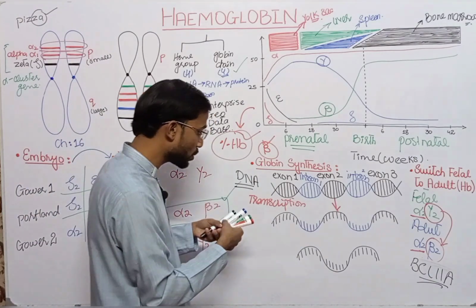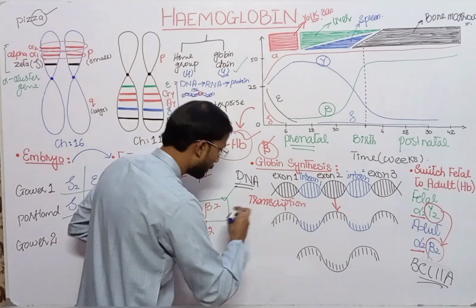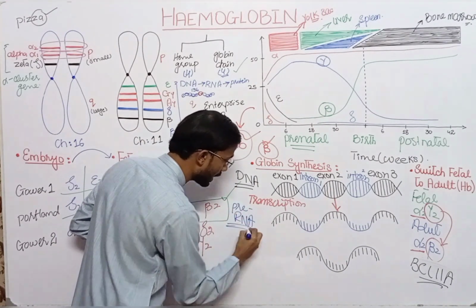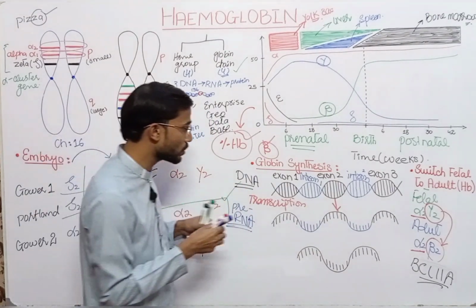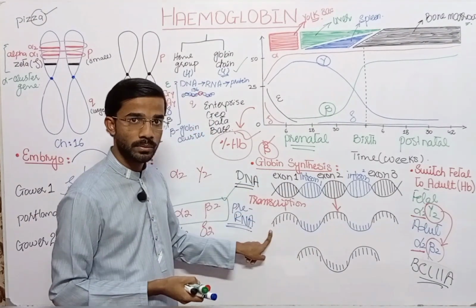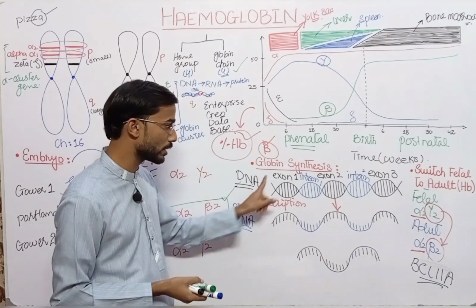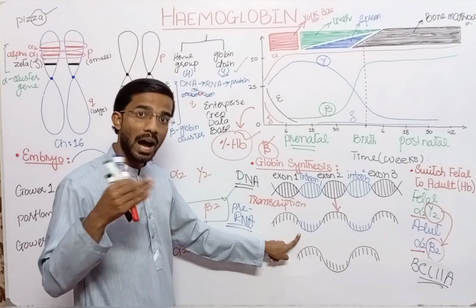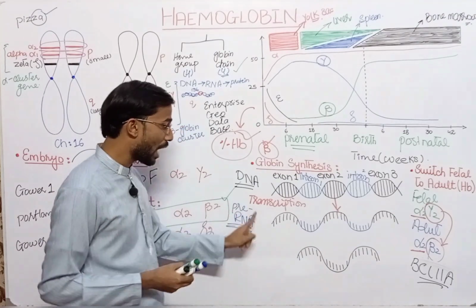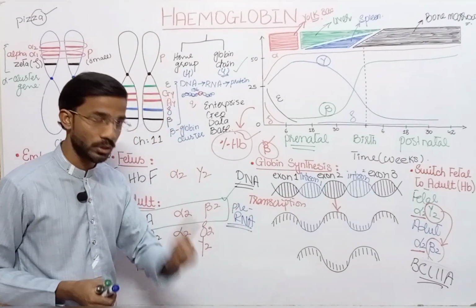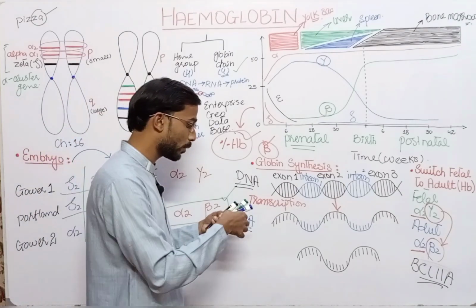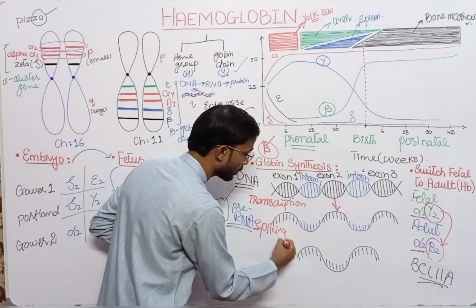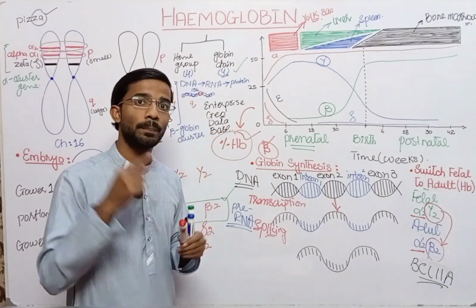In that situation, pre-RNA is produced. The exon portion is converted into RNA, and the intron portion is also converted into RNA. But after that, when the pre-RNA is produced, a process called splicing happens in the pre-RNA.